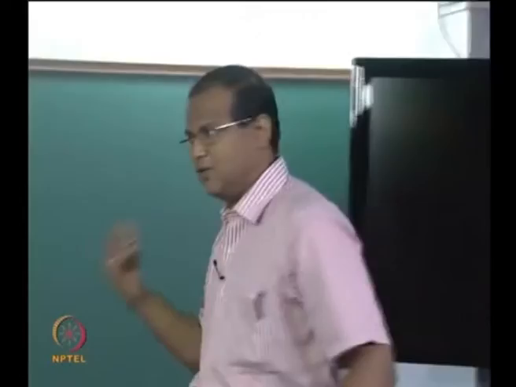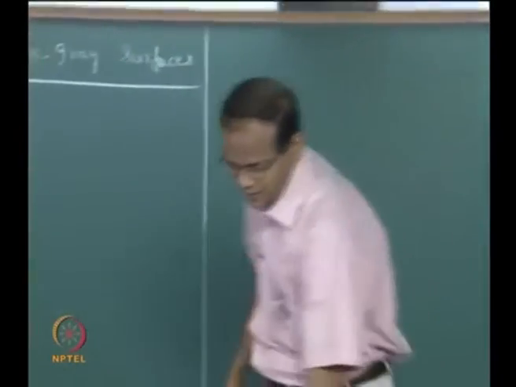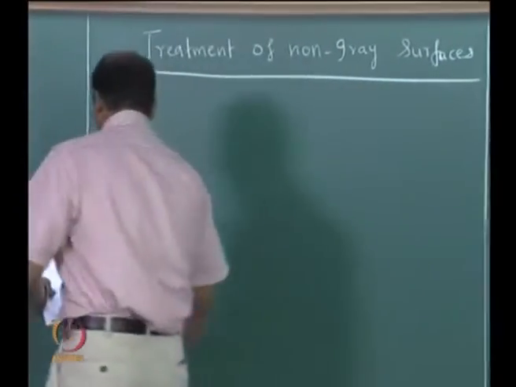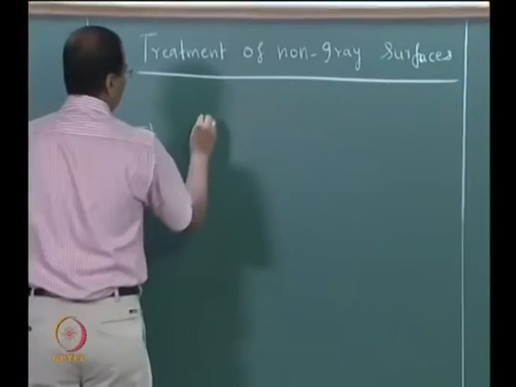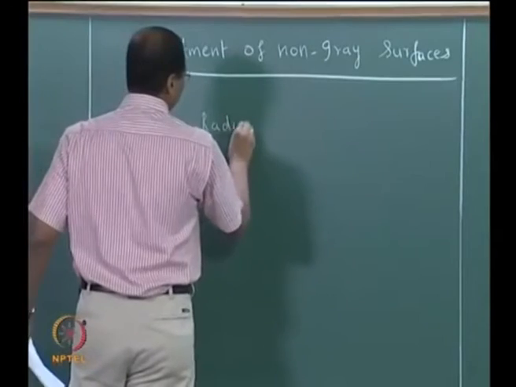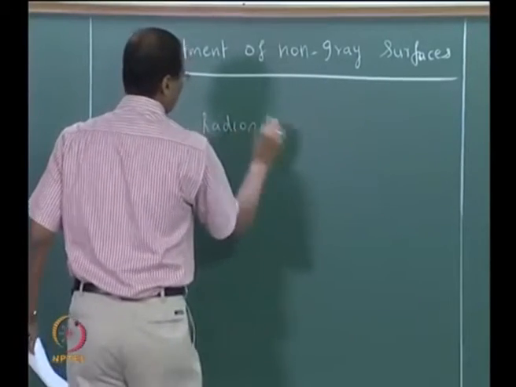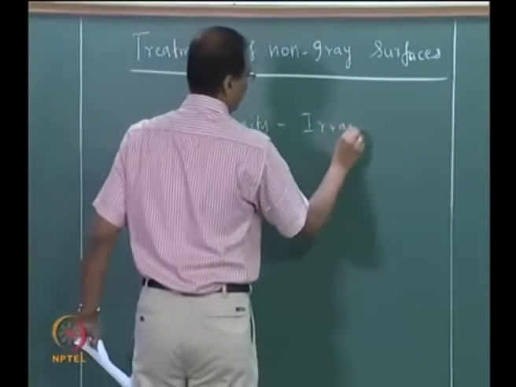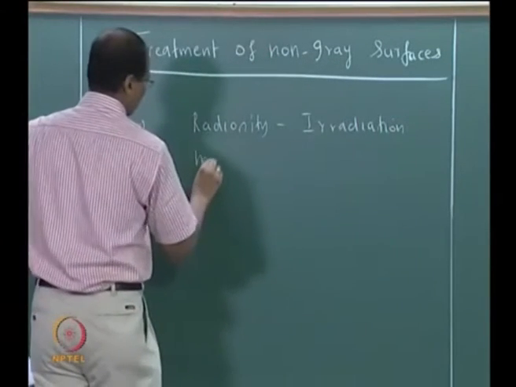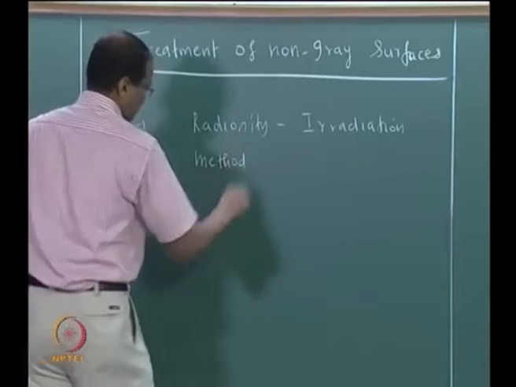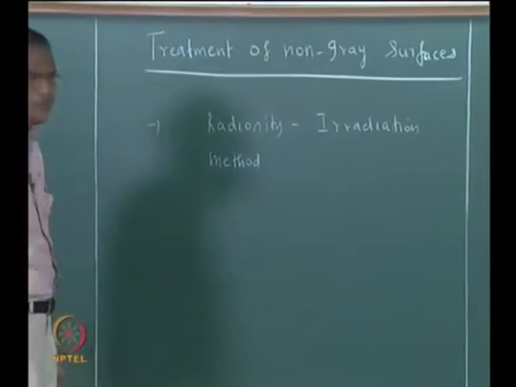There are some approximate ways of doing this, so we will do this in today's class. So we now look at how the radiosity irradiation method needs to be modified.